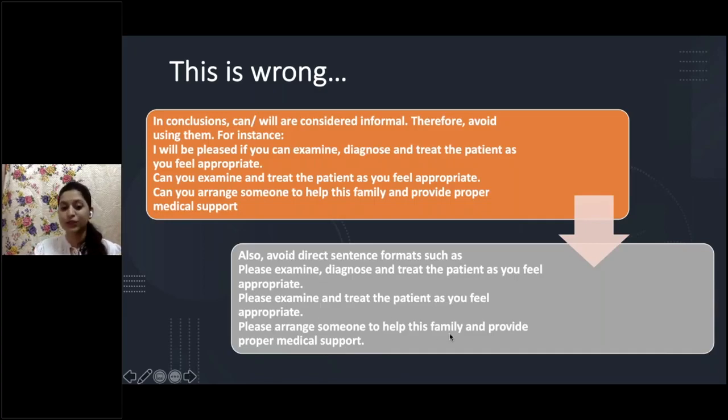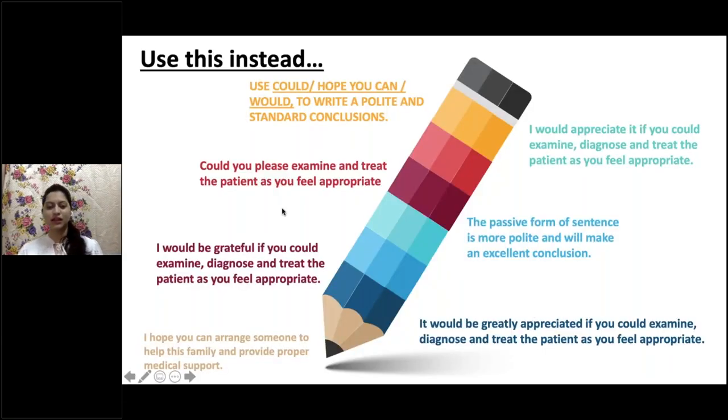So what you should be using are these. Please use could, or hope you can, and would to write a polite and standard conclusion. You're always asking them for help. You're not telling them to do it. You're not giving out a command.